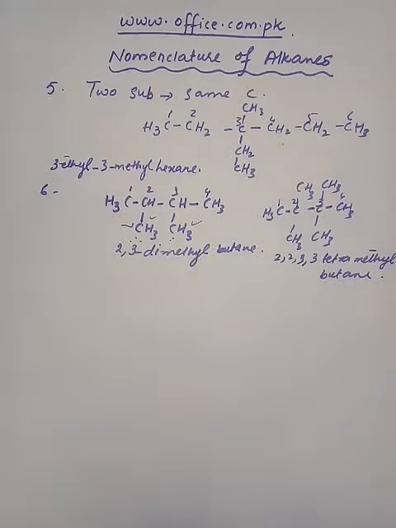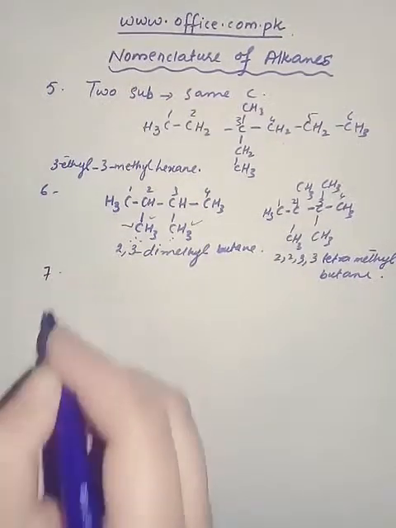So application of these 6 rules allows us to name most of the alkanes. Most of the alkanes are covered under the 6 rules that I have already told you. Now the other rules are required in certain cases. Now let us discuss them. The rule number 7.